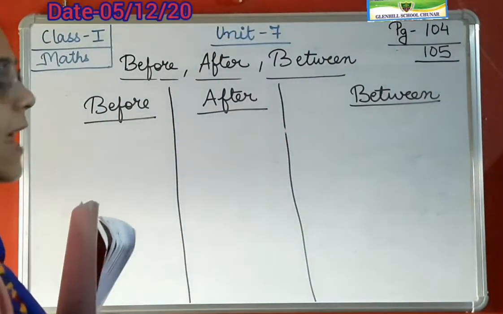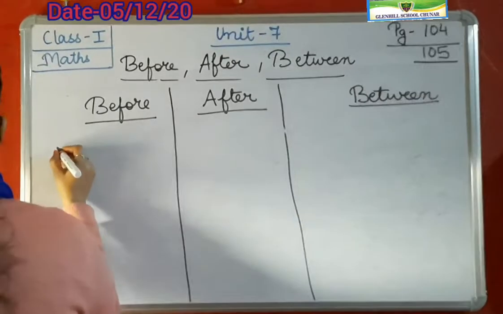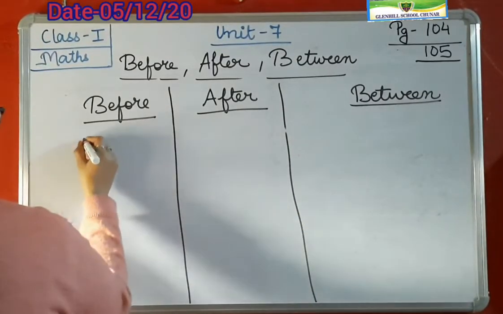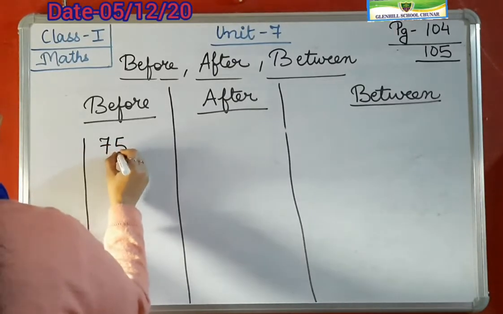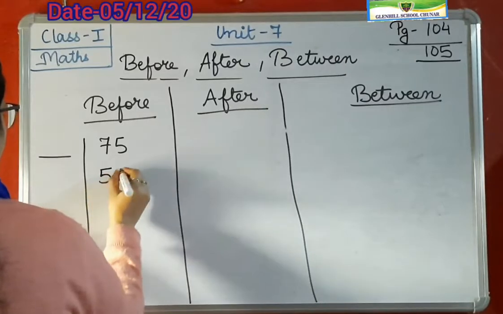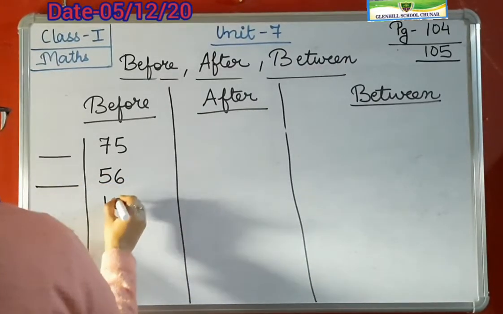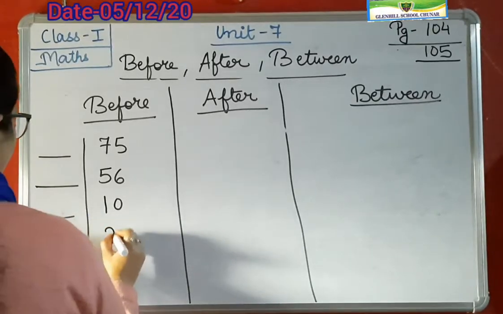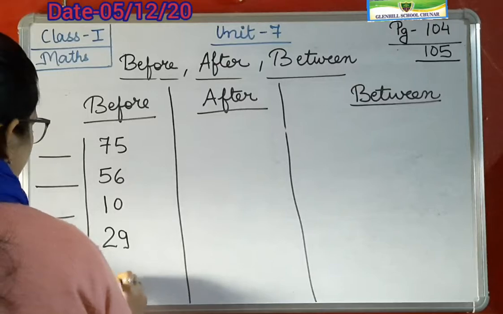Before, after and between. So for before you can see here it is written 75. You have to find out 56, 10, 29, 100.